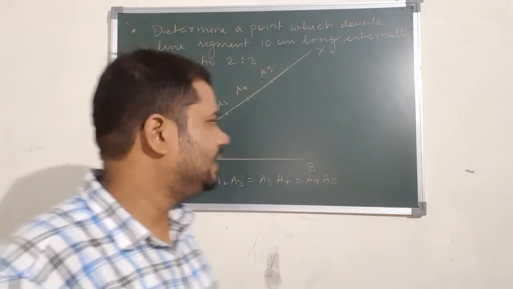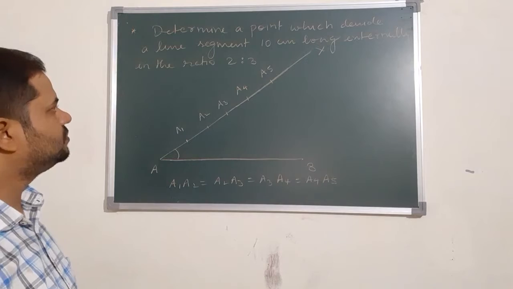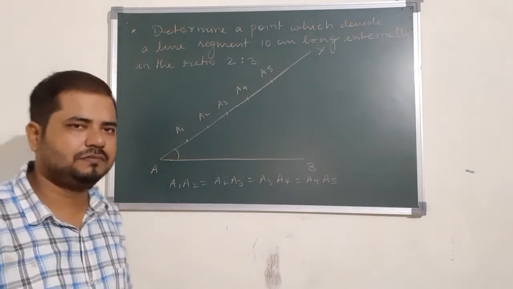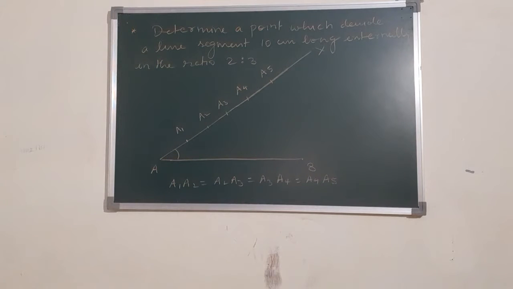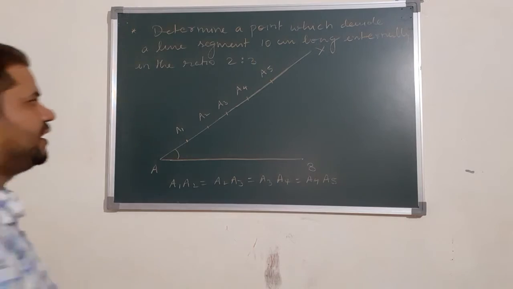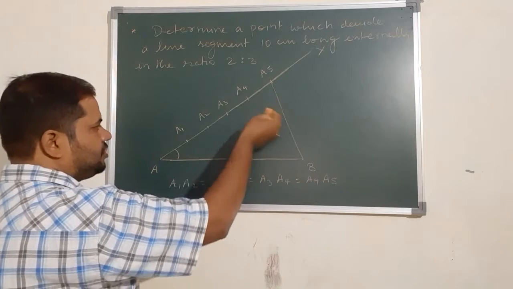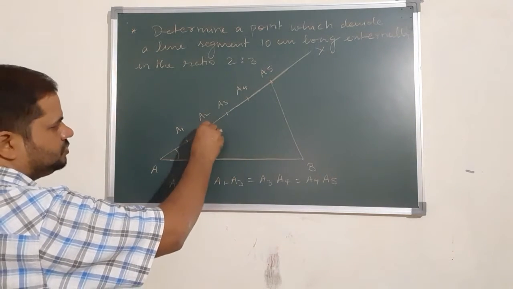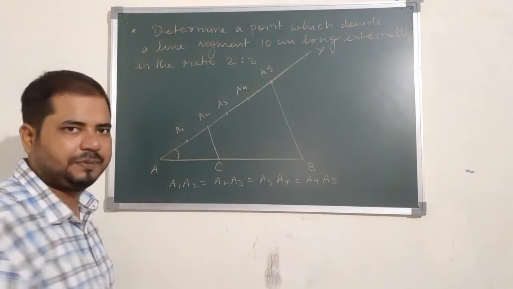And then after that we have to draw a parallel line. First we join A5B, and draw a parallel line to A5B from A2, call it A2C.